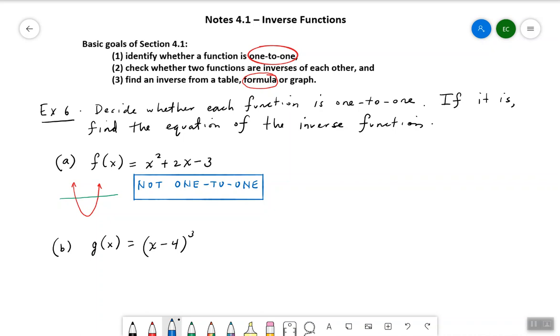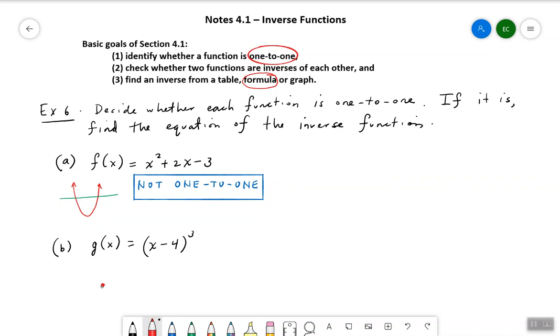Okay, let's go on to part B. This time we have x minus 4 quantity cubed. Again, if you know what the graph looks like, then that's probably the easiest way to determine if it's one-to-one or not. This looks like the graph of x cubed, except the minus 4 shifts it over. But that won't affect if it's one-to-one or not.